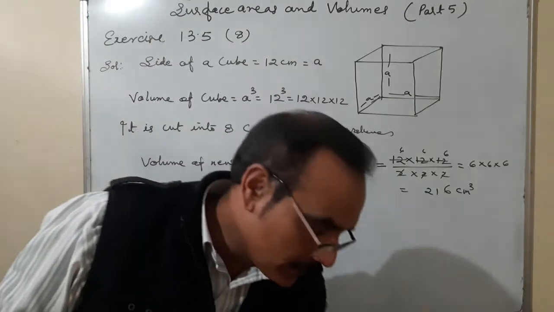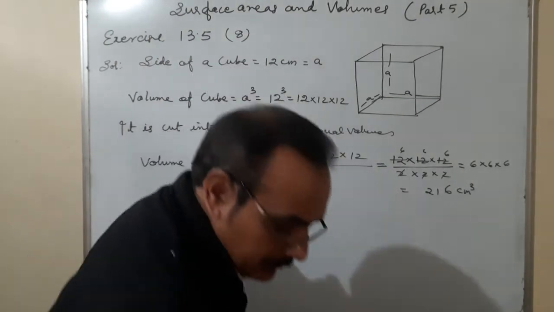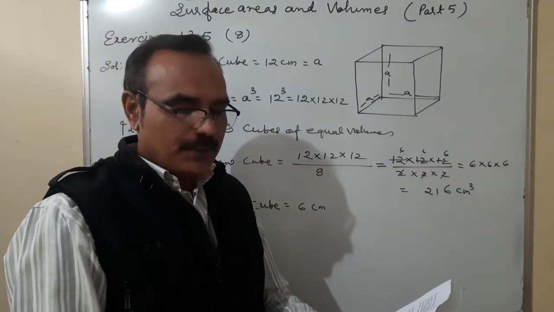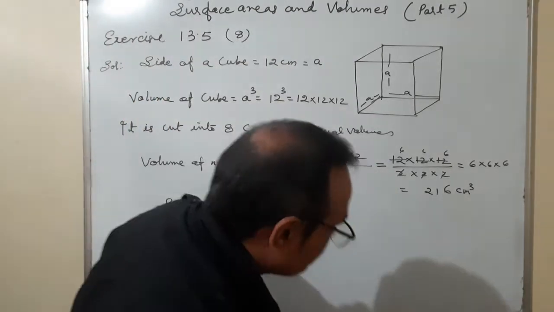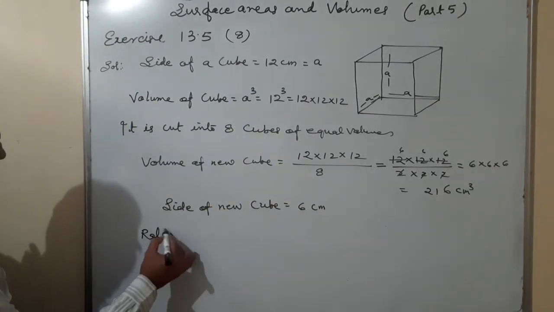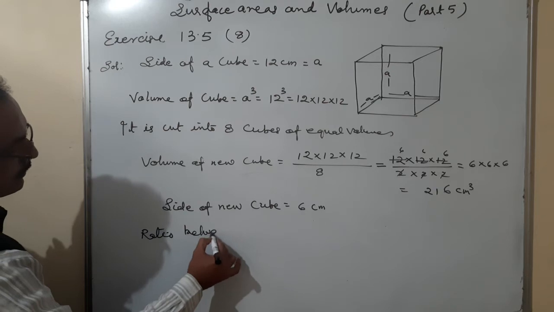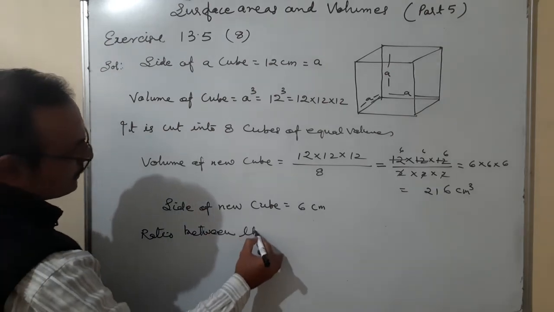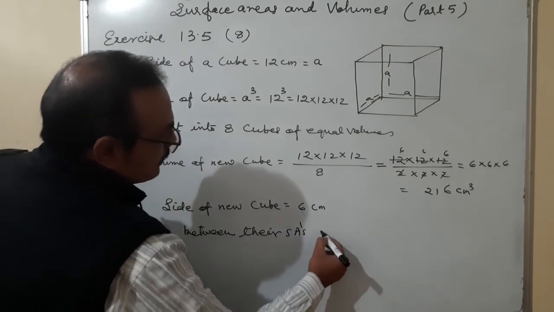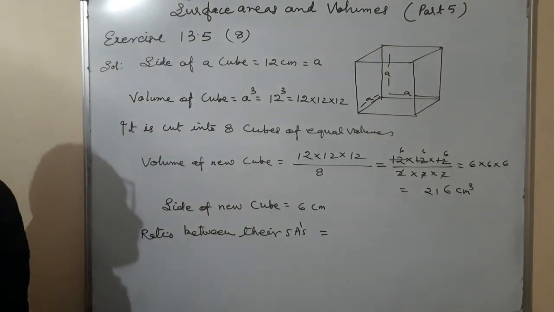The second part they are asking is to find the ratio between their surface areas.